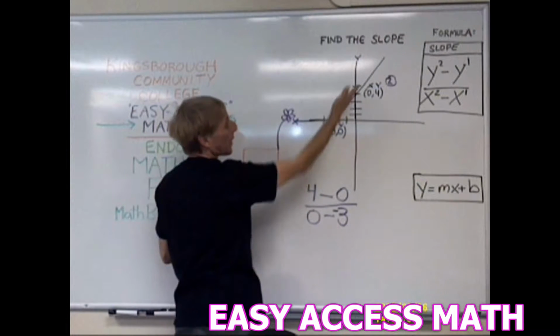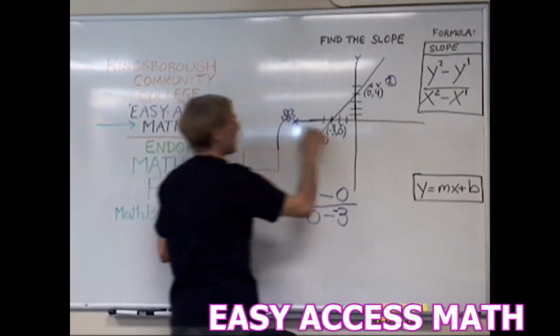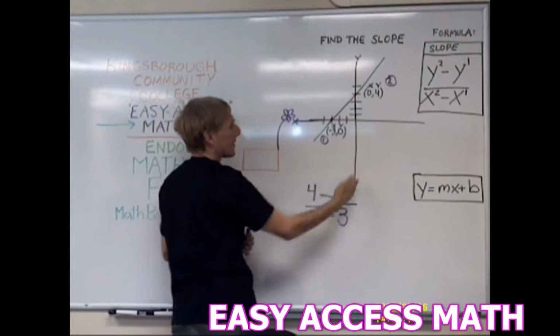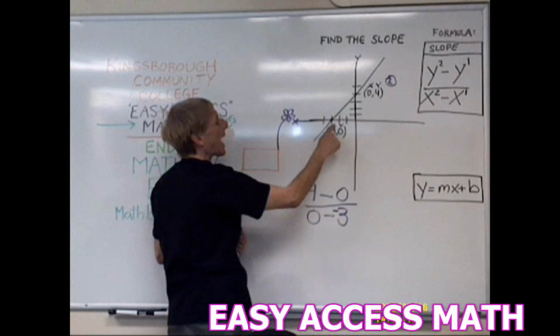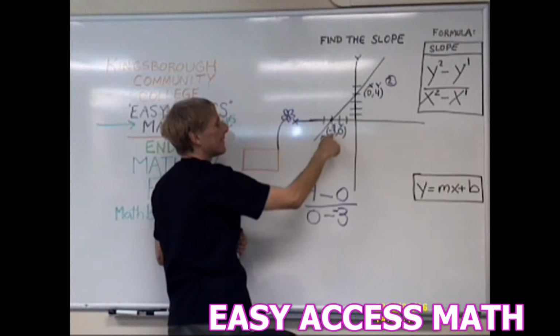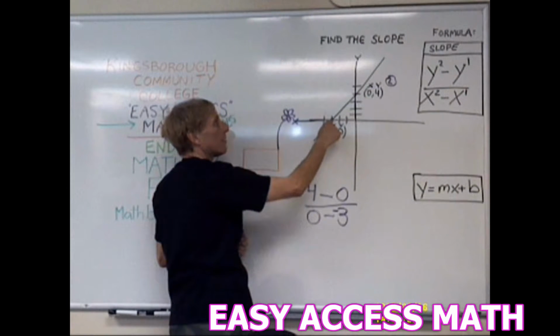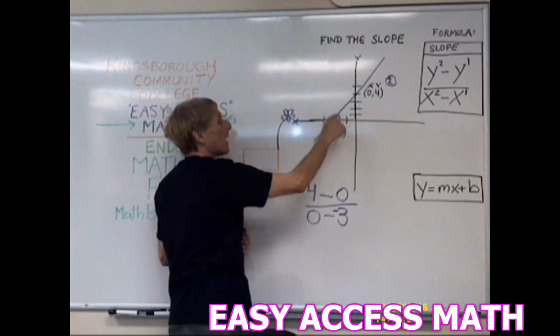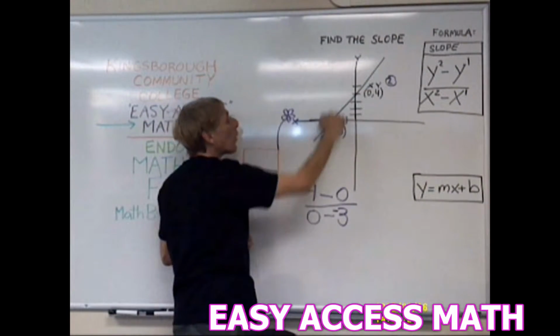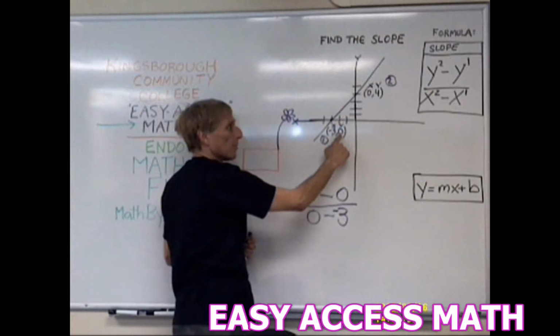The points that are easiest to see are the ones that cross the axes, the x-axis, the y-axis. And over here I have this point crossing the x-axis, and it's -3. It's going back 3 from the y, so that's -3 on the x. And it's not going up or down. It's staying right on the x, so its y is 0.